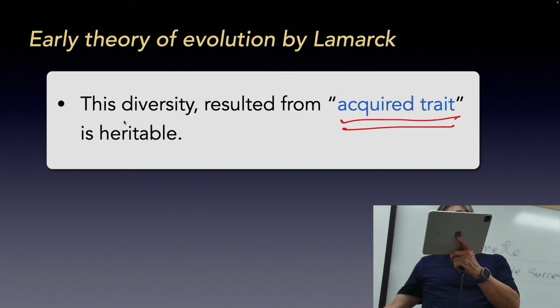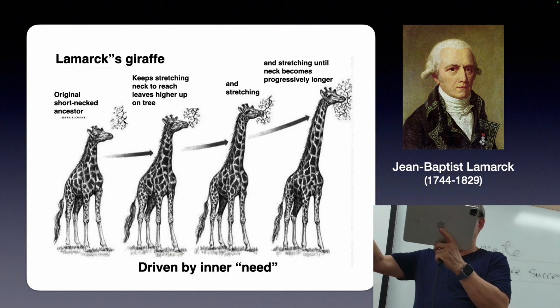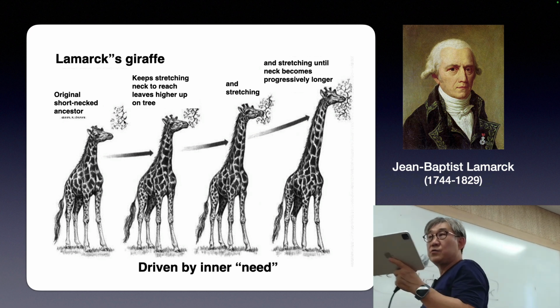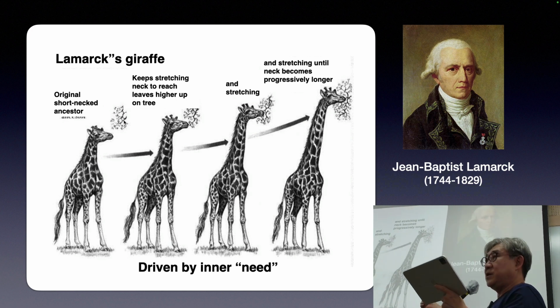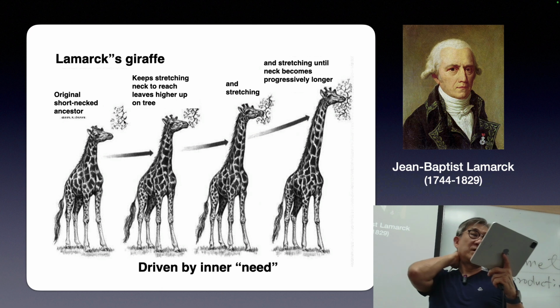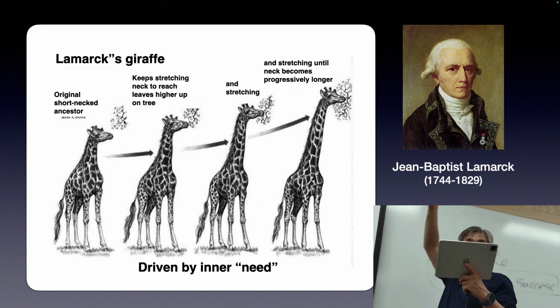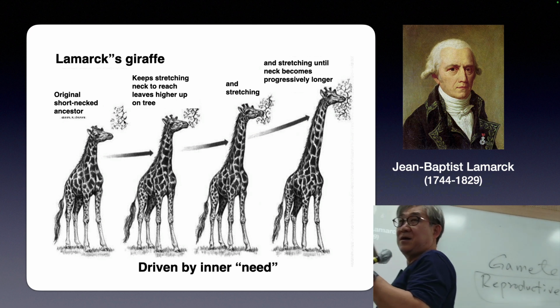What do you think? If somebody asks you to explain this figure, how would you go about it? It is one explanation for why giraffes these days happen to have such a long, graceful, beautiful neck.